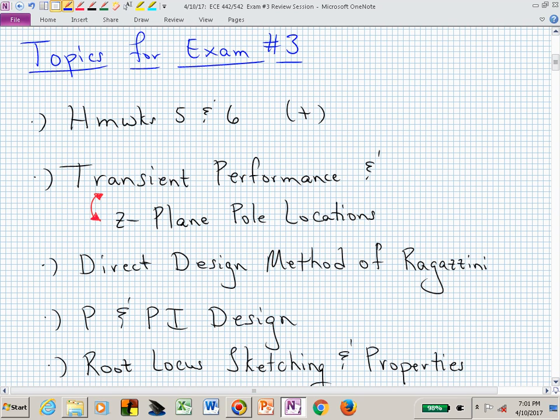In terms of topics for exam number 3, it's going to be the material for homeworks 5 and 6. That's dealing now with these ideas. We dealt with transient performance and Z-plane pole locations, and you should be able to go back and forth between those. If I give you dominant poles, you should be able to translate that into settling time, percent overshoot, and peak time specs.